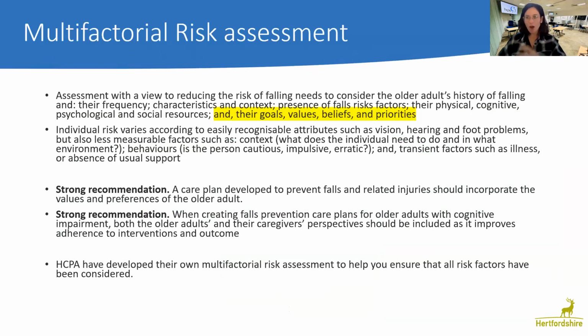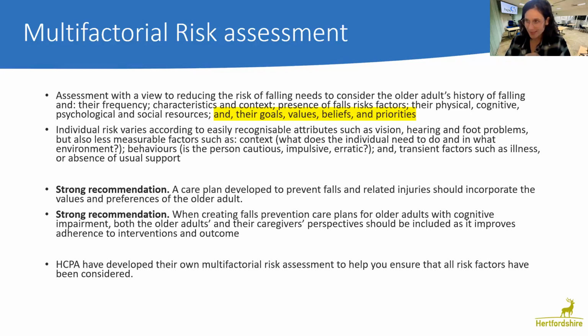So, as we said, the guidance says we're looking at also the individual's goals, values, beliefs, and priorities. So we should look at that, as well as the frequency, the characteristics, and context of the falls that have happened in their history. We know that there are recognisable attributes, as I've said, the ones in green: vision, hearing, foot problems.